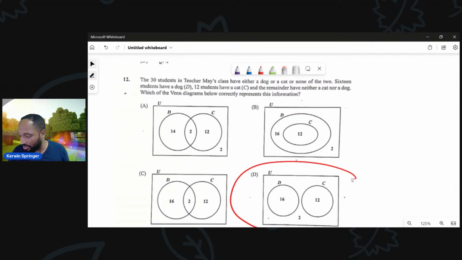Well, I already feel like D is the answer, because they either have a dog or a cat, or none of the two. They never say they can mix up the dog and the cat. So it is either a dog or a cat. So D. Disjoint sets you call those, ladies and gentlemen. Disjoint sets.